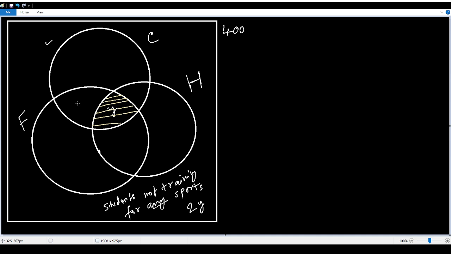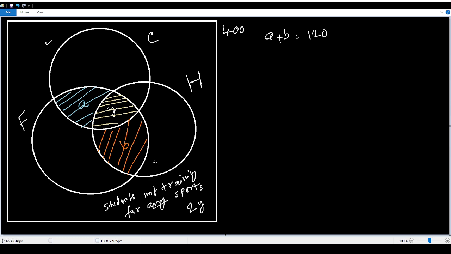Let me take this one as A, and this one as B. It is given that A plus B is actually the number of students who are training for football and exactly one sport, which is 120.